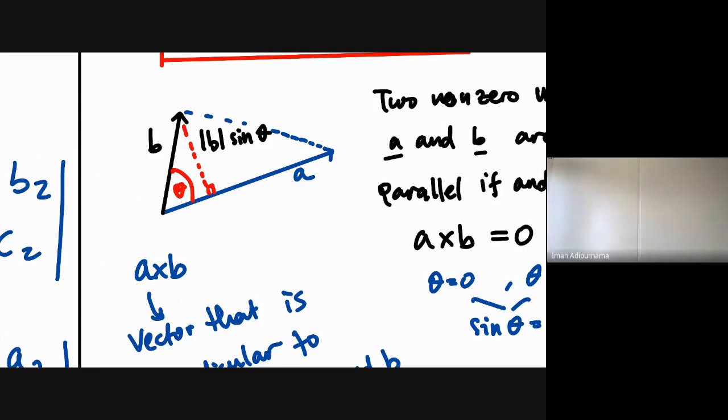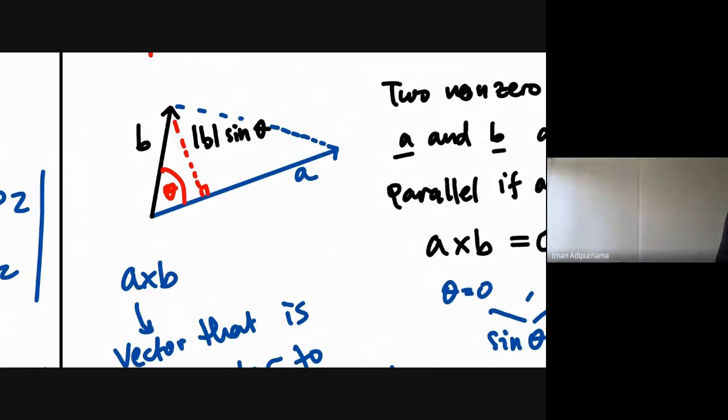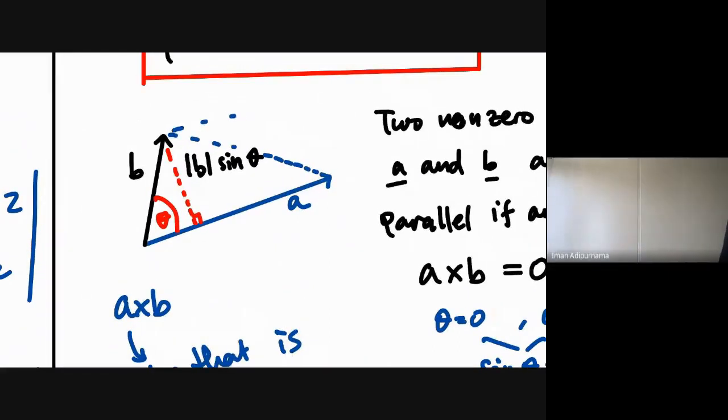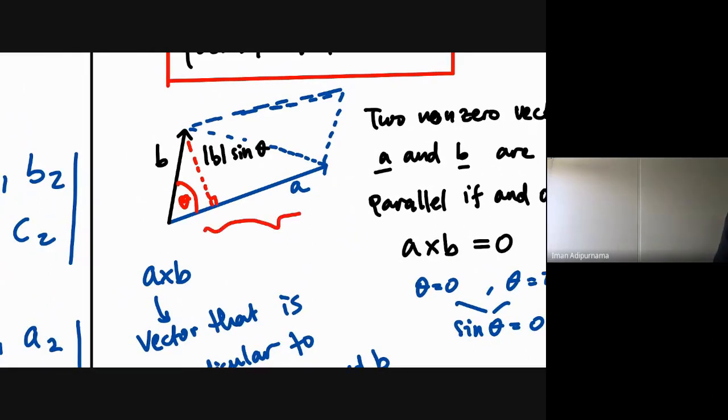We can also evaluate: if we make two triangles here with the same area, we call this shape a parallelogram.